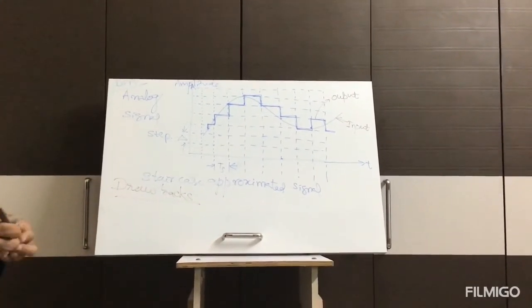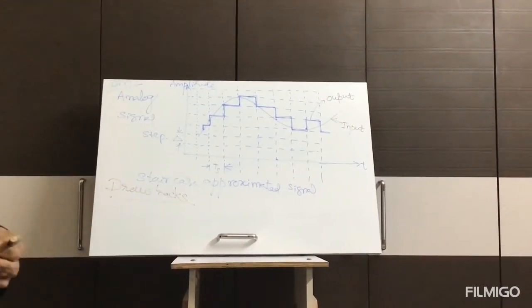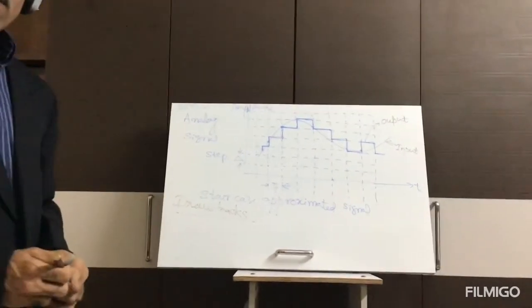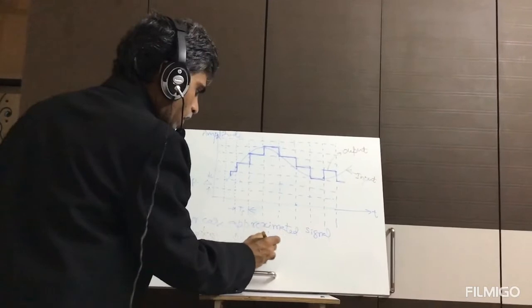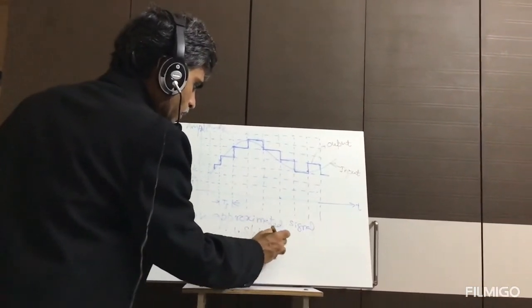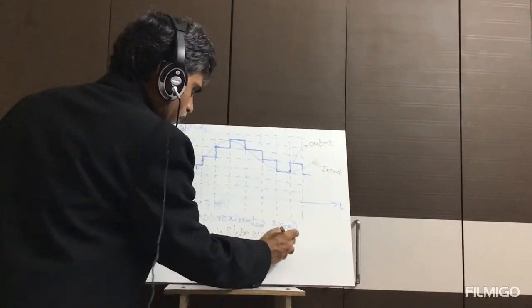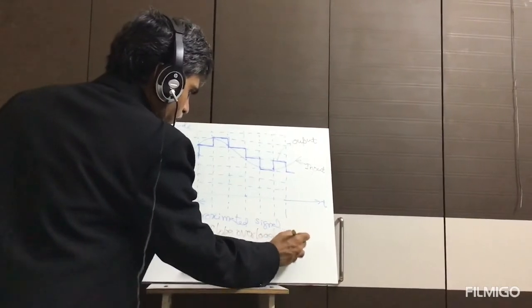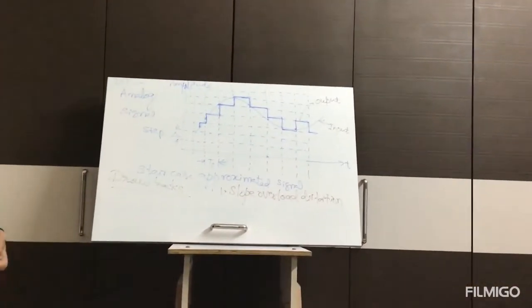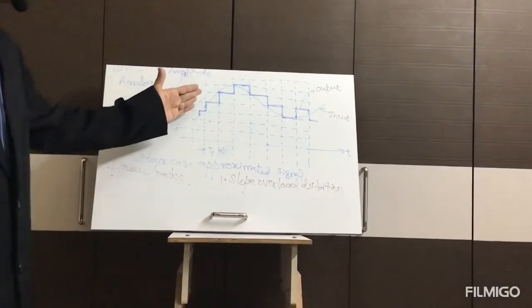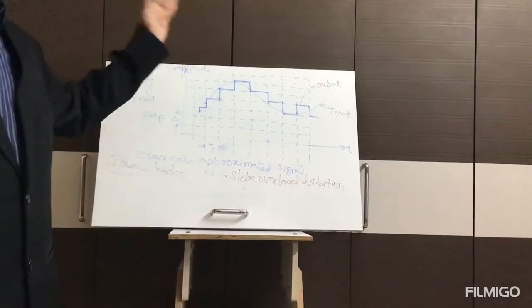There are two drawbacks in this delta modulator. The first one is called slope overload distortion. This occurs when the signal amplitude is rising steeply.